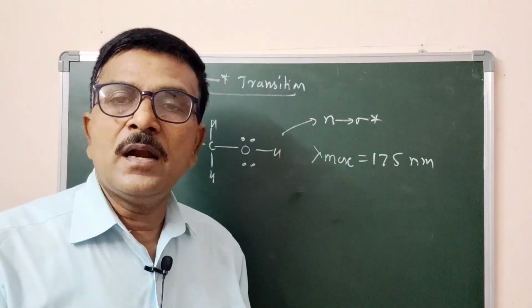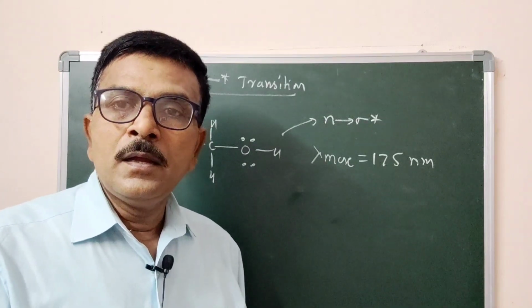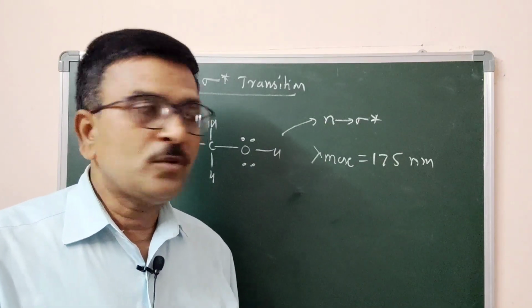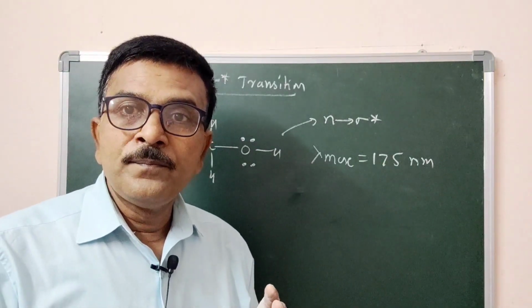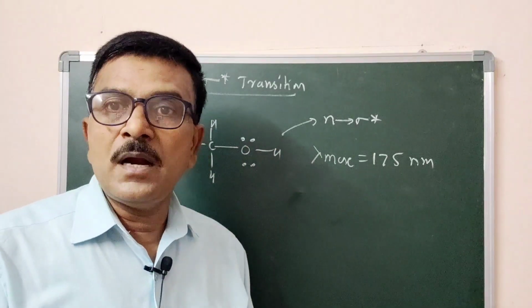Again, this energy is not available in our spectrophotometer, where it is operating from 200 nanometer onwards. So this is less than 200 nanometer. Therefore, however the transition is possible, the energy is not available.